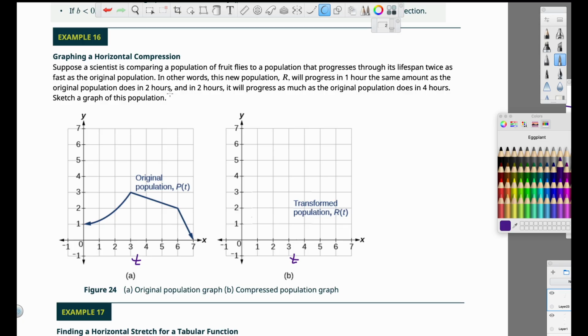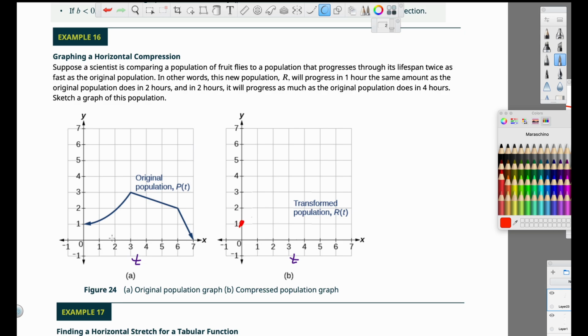Okay, so we're going to start off with the original population of 1 right here. Do this in red. But now, 3 hours is going to be accelerated with this R of t population, and it's going to be half as much. So instead of 3, it's going to be 3/2, or 1.5. It's going to be the same output here. So this one right here was 3. Now this one here is 3/2. So now that's going to go like this, that curve. And then this one right here, my time value is 6.